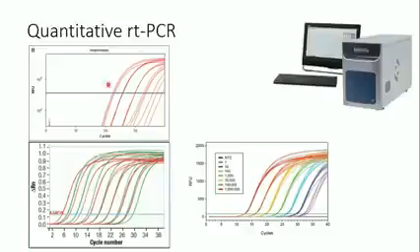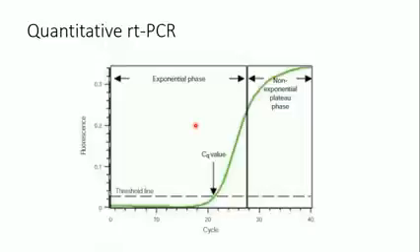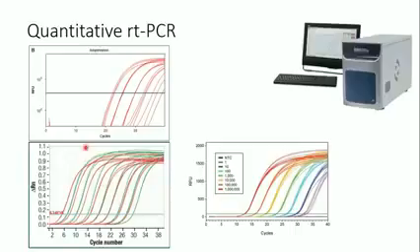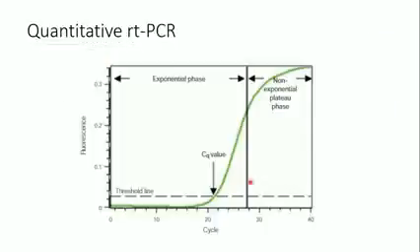Now, in all the curves you're seeing here, we have general elements. This is the fluorescence, as I told you, and these are the cycles. And this is very important: it's called the threshold line. And this is the most important value, because it's the CQ value or the CT value.